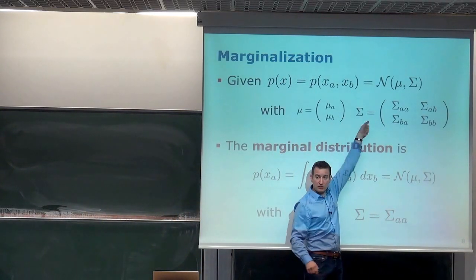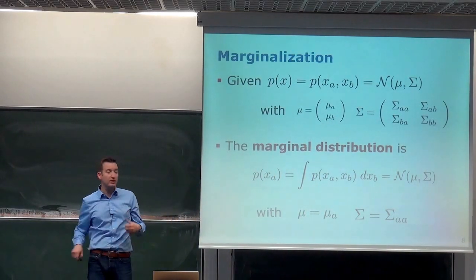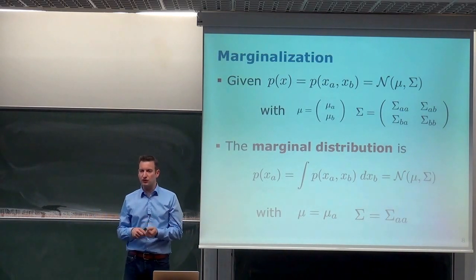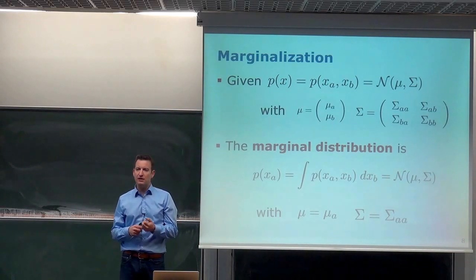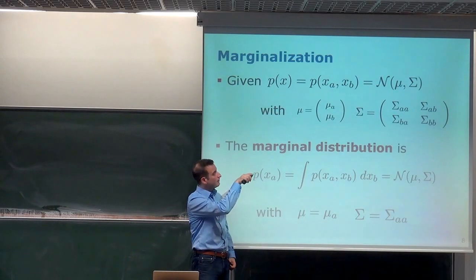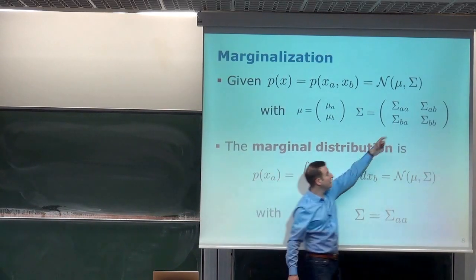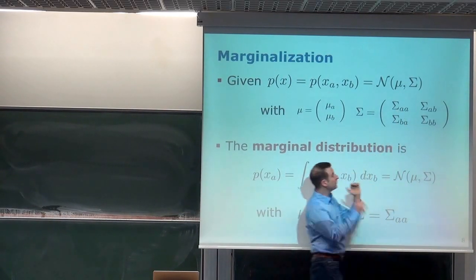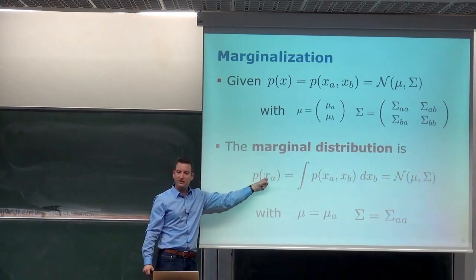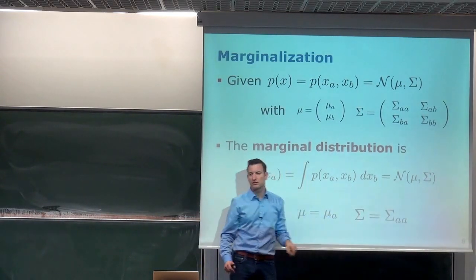If this is given, so we know the parameters of the joint Gaussian distribution, we can directly obtain the parameters of the marginal distribution by marginalizing out XB in a very, very simple way. If I'm only interested in XA, the mean is just this part over here of my distribution P of XA, and this is my covariance matrix. So I just need to cut out a part of the covariance matrix and I cut out a part of the state vector. So P of XA, which is this distribution over here, has these parameters.